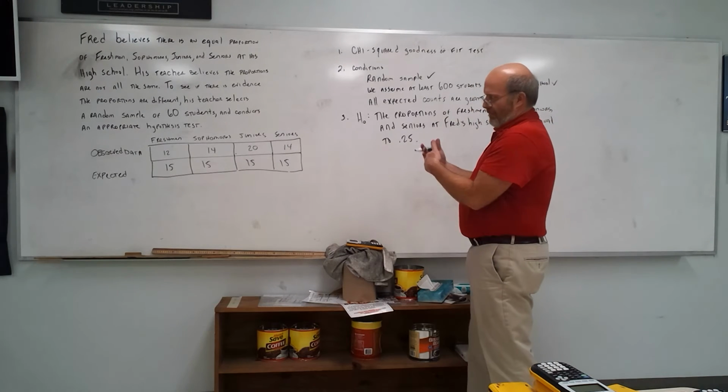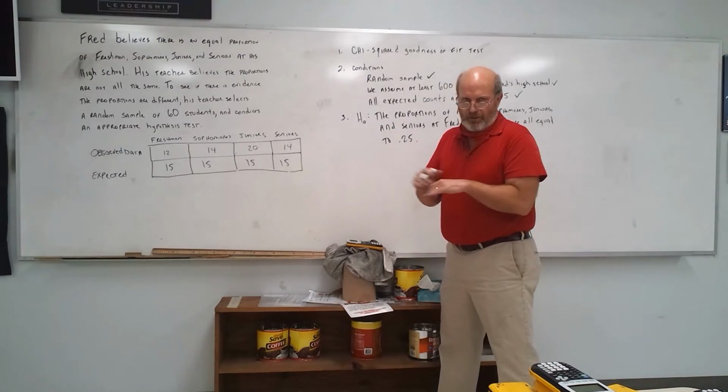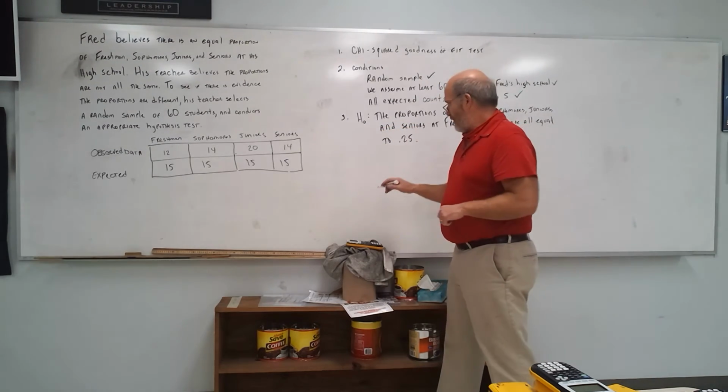We're testing Fred's hypothesis. We're testing his teacher's hypothesis. We're going to let the null be that there's equality, that we know what the distribution is going to look like.